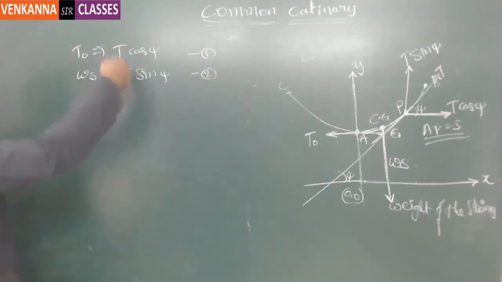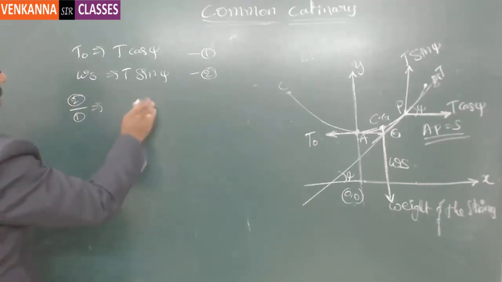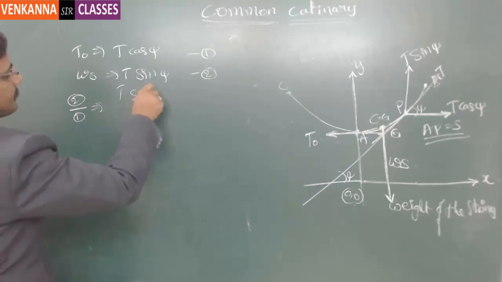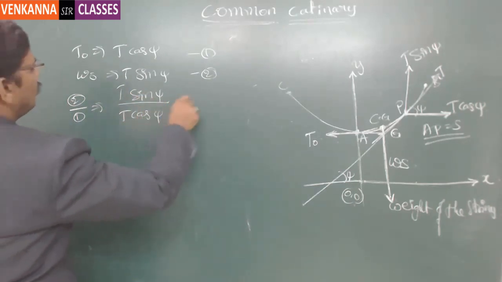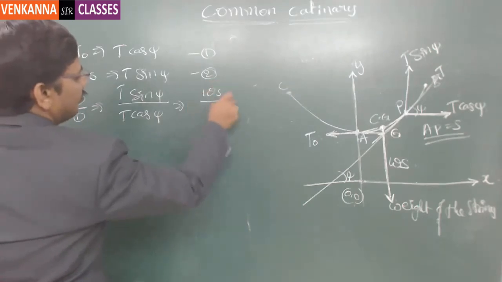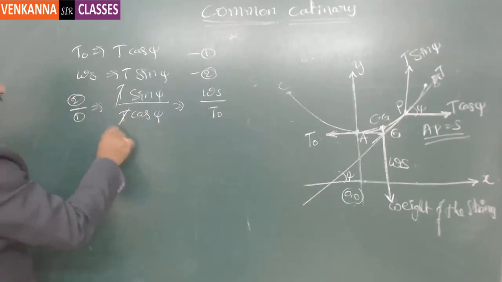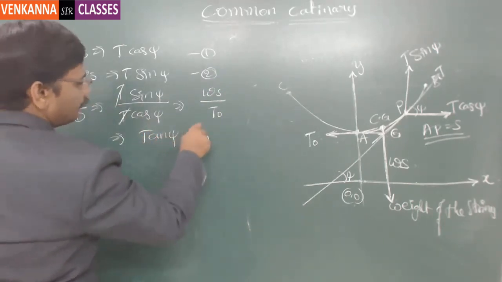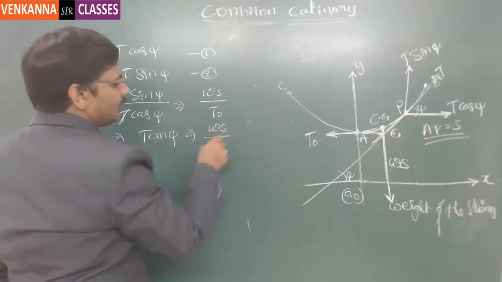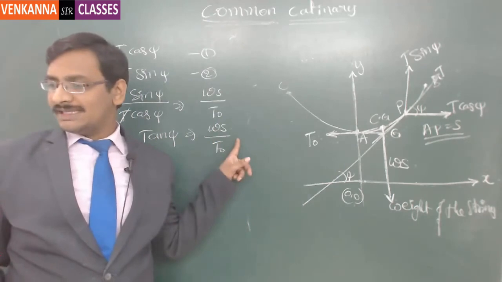If you take the ratio, equation 2 by equation 1, T sin psi divided by T cos psi, which is tan psi, is equal to W S divided by T naught. Now this T will cancel out, and tan psi is equal to W into S divided by T naught.